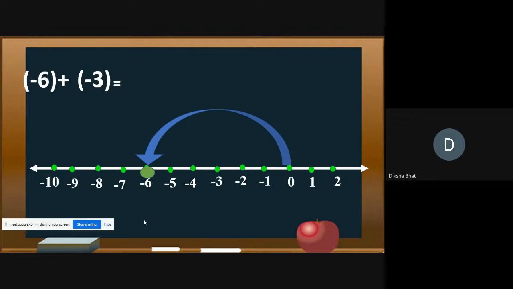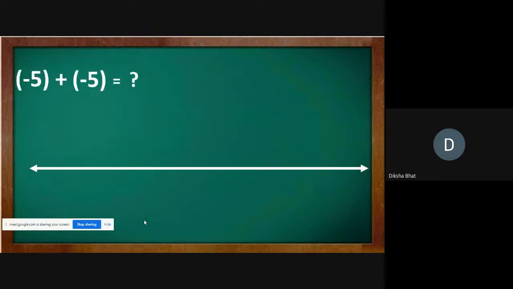Okay, tell me which is the second integer? Negative 3. Yes. So how many steps you all will have to take? 3. To which side? Left. Left of negative 6. 1, 2, 3. So where you all reached? -9. Yes. So what is the answer of negative 6 plus negative 3? -9. Very good. Negative 5 plus negative 5.